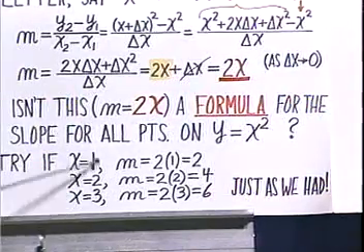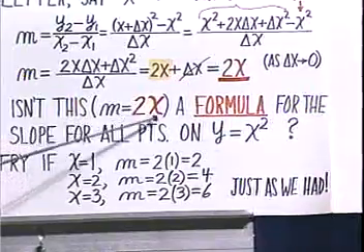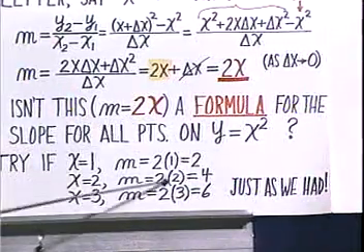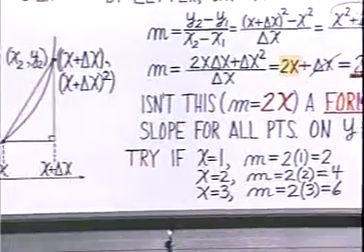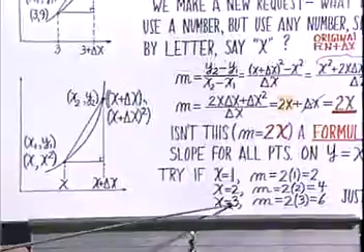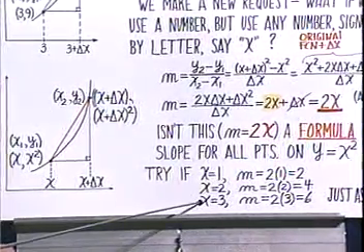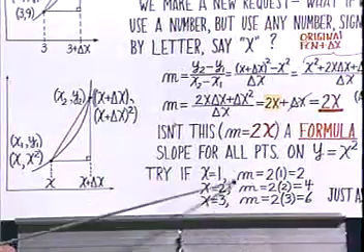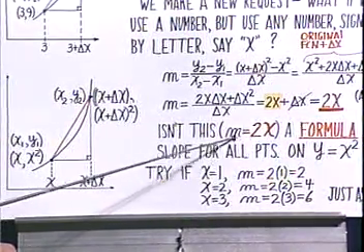Whatever you put in here as the x value, that's what the slope is. So apparently this is the slope for all points. And if you try for any point along this curve y equal x squared, not just 1, 2, or 3, any point at all, x equal 16 or minus 10 or 0, you'll find that this formula here works perfectly.